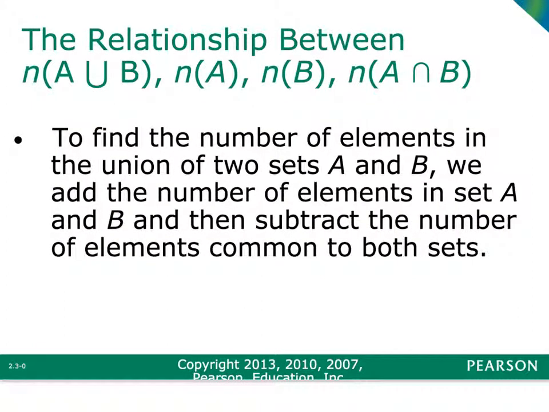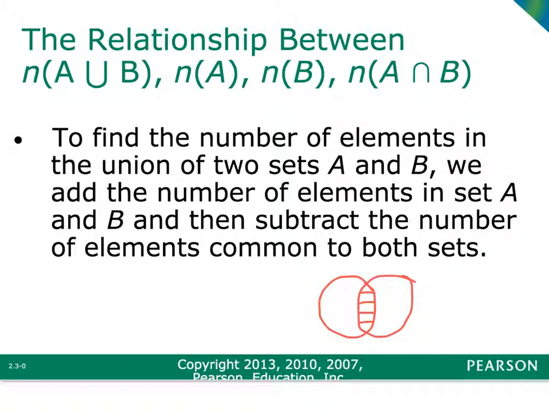Often they'll ask you to find the number of elements. Well, the trickiest one is the number of elements in the union, because you have to be careful. Some people just take the number of elements in A and the number of elements in B and add them together. Well, that doesn't work if the sets overlap. Say there are 10 elements in A and 10 elements in B, you can't just say that there are 20 elements, because some of the elements overlap, and you might have counted some of them twice.